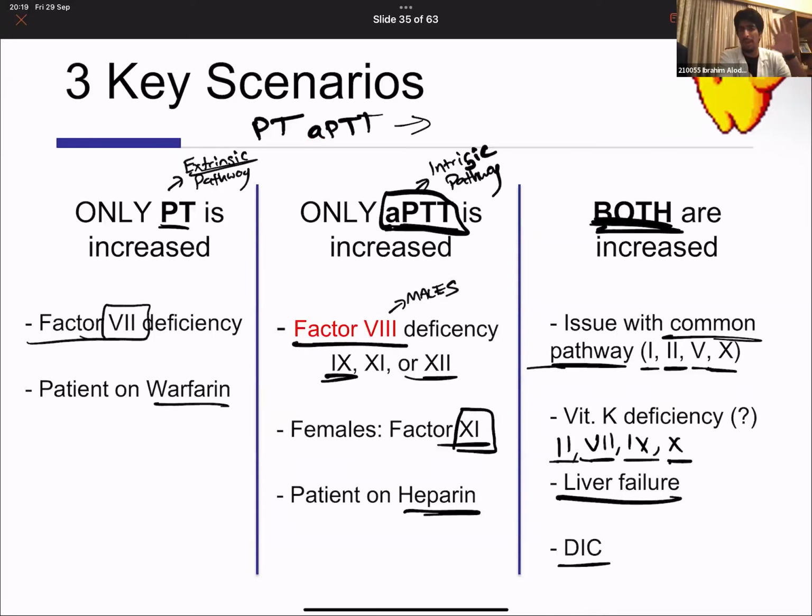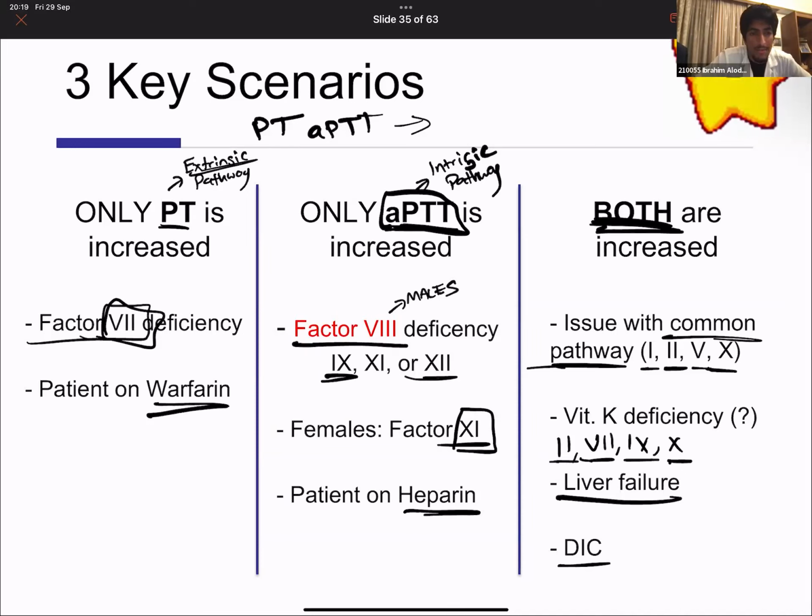I don't remember the normal range off the top of my head, but they will give you the normal range in the exam, and then they'll give you how much the patient had. So they'll say, for example, the patient's PT was 35 seconds and the normal range is 10 to 15. So now you know this person's PT is increased, which means they either have factor 7 deficiency or they're on warfarin.